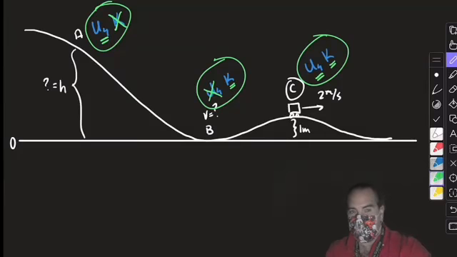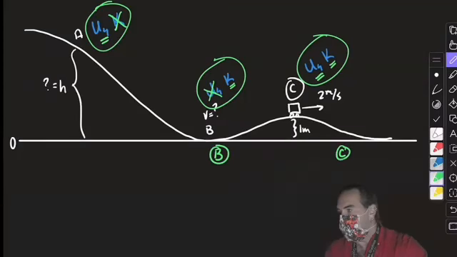The next thing you do is you just compare the energy at one state to the energy at another. I'm going to compare B and C. At B, I only have kinetic energy. So that's 1/2 m v_B squared.